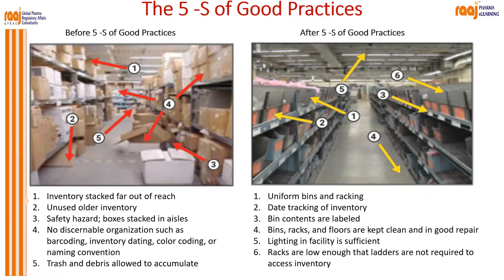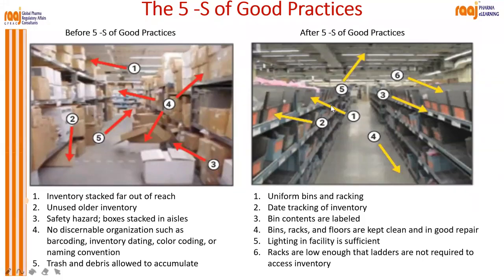I want to see the accessories or the packaging material which is used for my packing of paracetamol tablet. How do I search if it is stacked like this? So you can see the barcoding, inventory dating, color coding, or naming convention. Everything becomes very important. Then trash and debris allowed to accumulate.